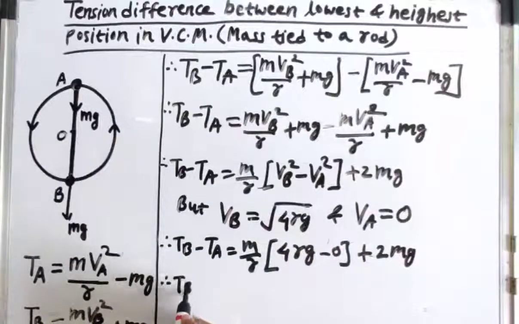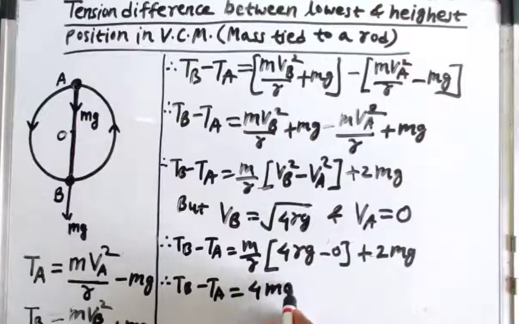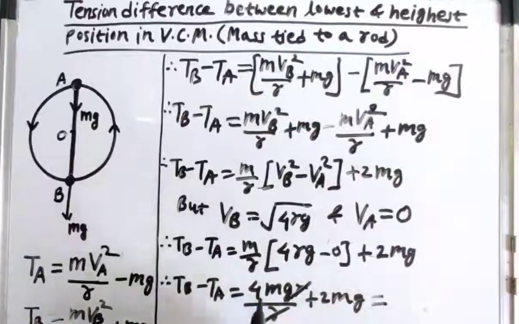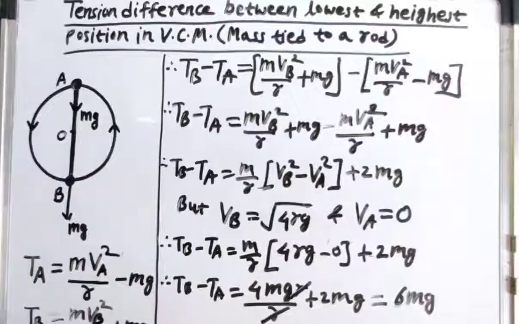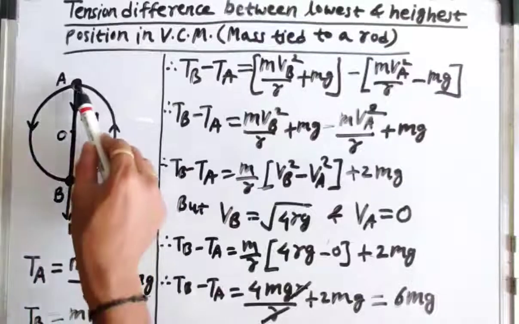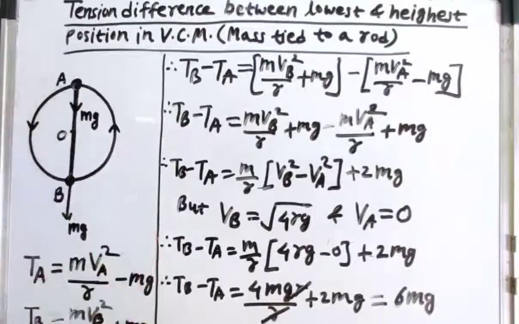So TB minus TA is equal to 4mgr upon r plus 2mg. The r cancels with r and we get 4mg plus 2mg, which is nothing but 6mg. So this is the tension difference between the lowest and highest position in vertical circular motion in case of a mass tied or attached to a rod.